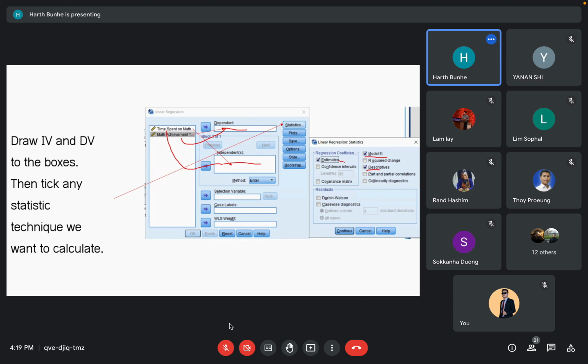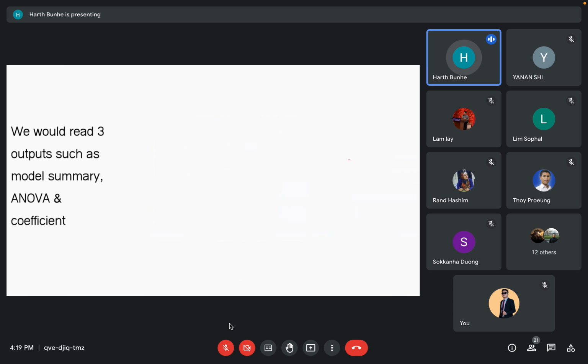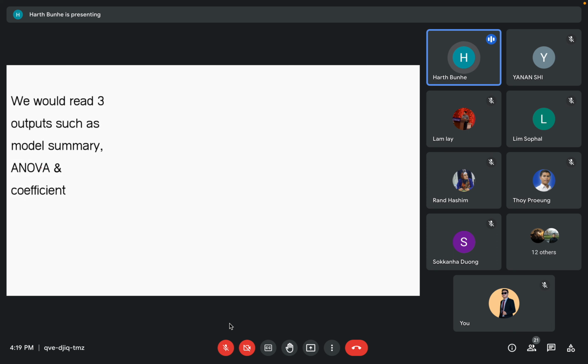Then go to Continue, and okay. The output comes out and you will have three tables of output. The first is the model summary, the second is ANOVA, and the last one is coefficients.